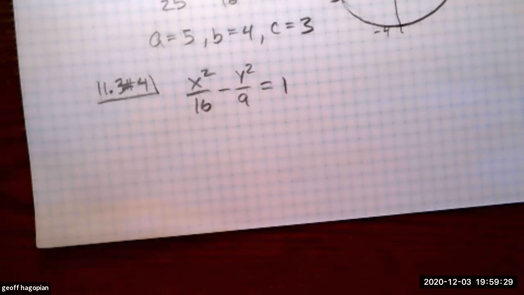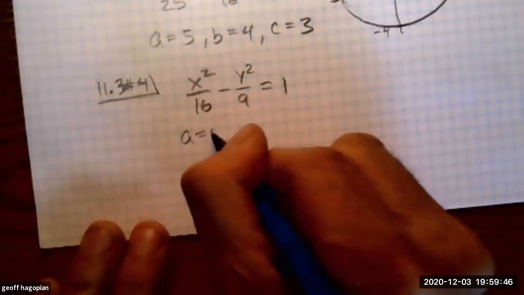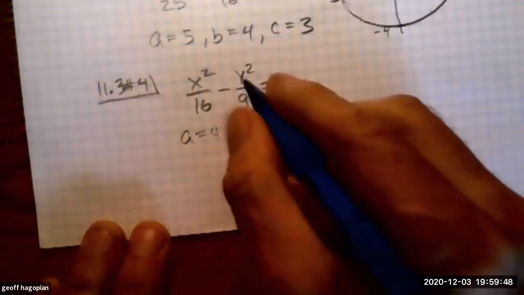You can tell it's a hyperbola because we're subtracting. With an ellipse, you're adding squares or multiples of squares. With a hyperbola, you're subtracting multiples of squares and getting 1. So we can see A here is 4 and B is 3.